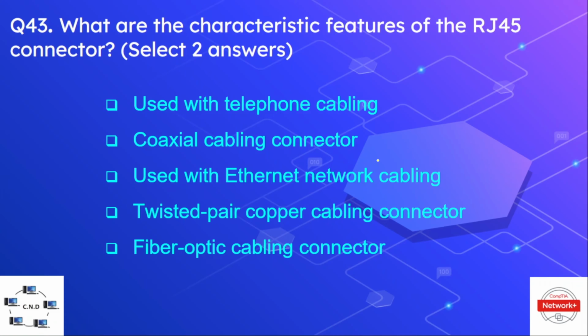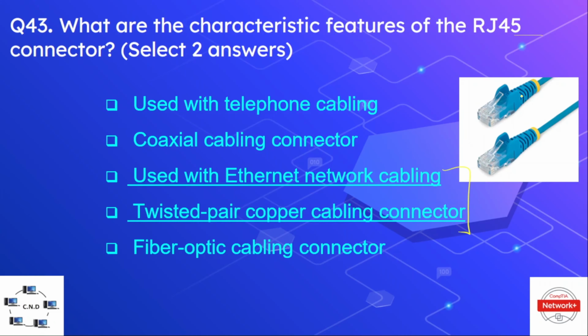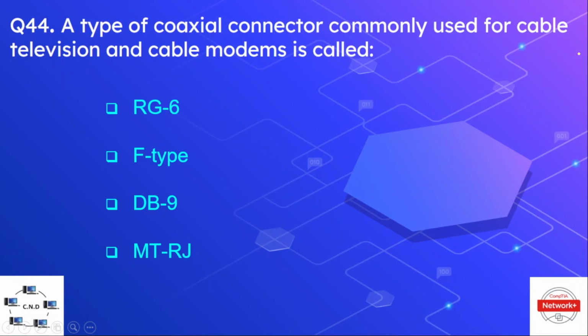And the correct options are about the RJ45, that it is used with Ethernet network cabling, and it is basically a twisted pair copper cabling connector. So these are the correct options, and this is basically the image or the picture of the RJ45 connector.